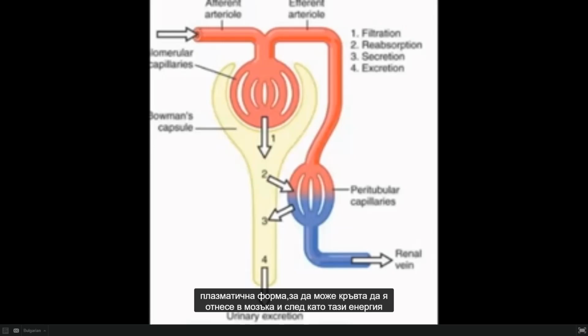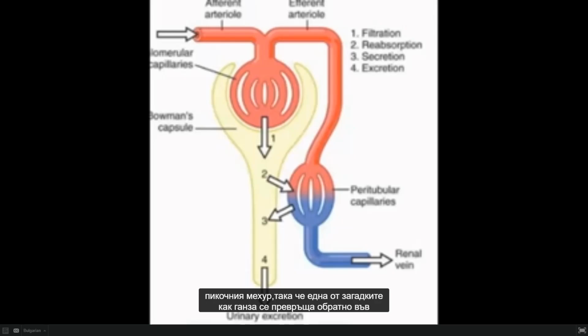And once this energy is not needed, or there is a surplus, or it is lower in strength than the brain needs, it comes back to the kidney, and then this energy in a plasmatic magnetic field form, added to the energetic magnetic field form of the matters, like potassium, calcium, or whatever, converts the GANS state of the matter into the matter, and then is discharged into the bladder.